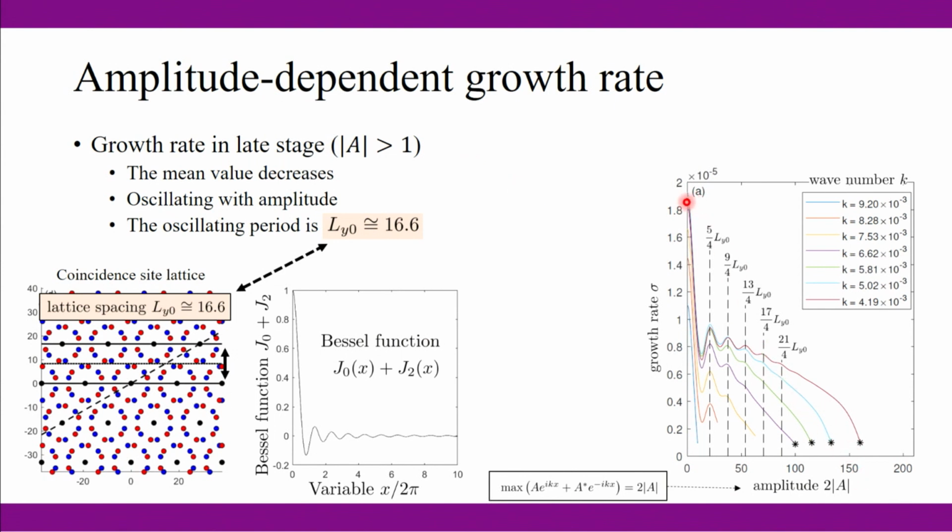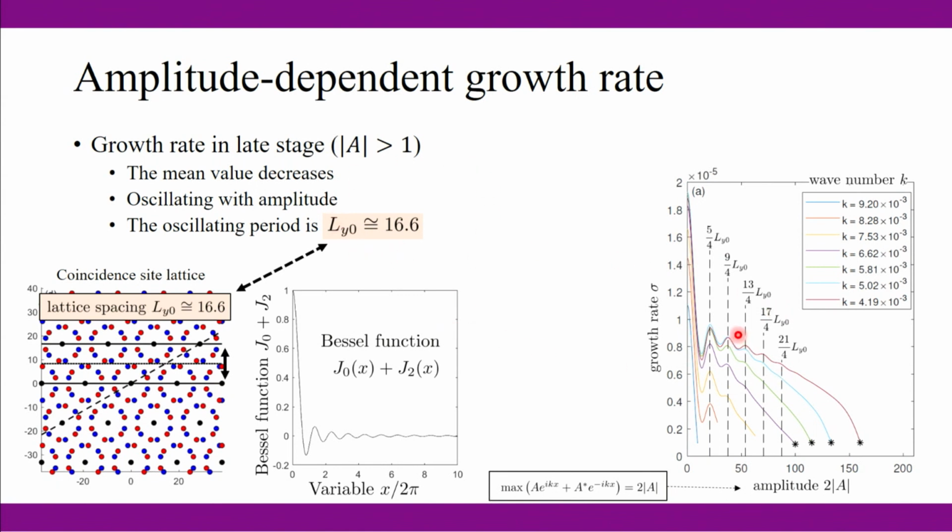You are going to see this oscillation, but now with this picture, we can understand this behavior a little more clearly, right? Because as the amplitude grows larger and larger, it's going through this periodic structure. So you expect this periodicity to be associated with the periodicity of the coincident site lattice.